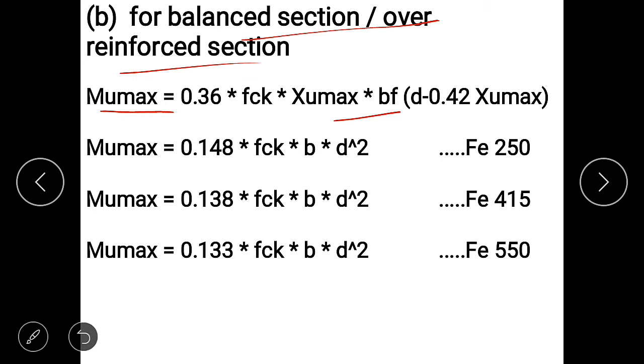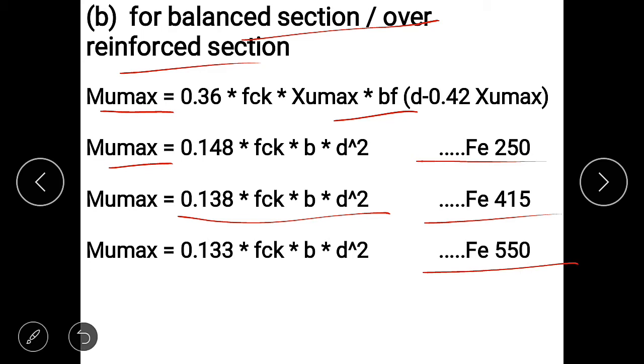So easily you can find it by using this formula: Mu max equals 0.148 fck bd square for Fe 250. For Fe 415, the formula is 0.138 fck bd square.